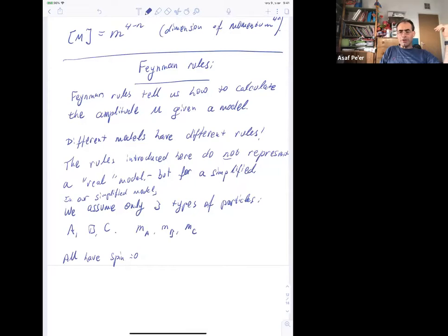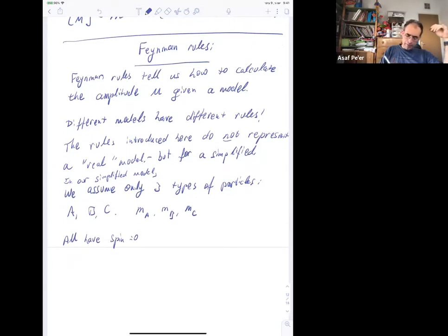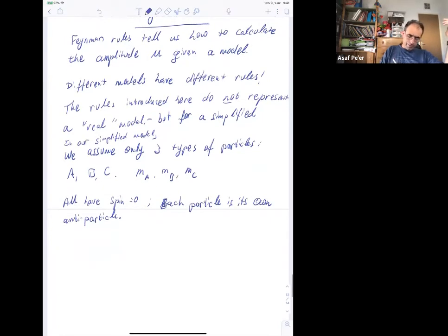I don't assume any antiparticles, so I don't need to draw arrows, because each particle is its own antiparticle. We only have one primitive vertex which connects all 3 particles together.